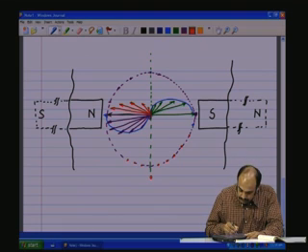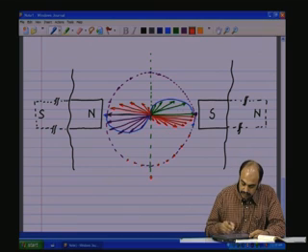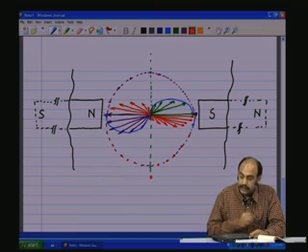So, field again changes direction, and you will see that radially there are different amplitudes till it reaches the positive maximum when the point has again reached this point.